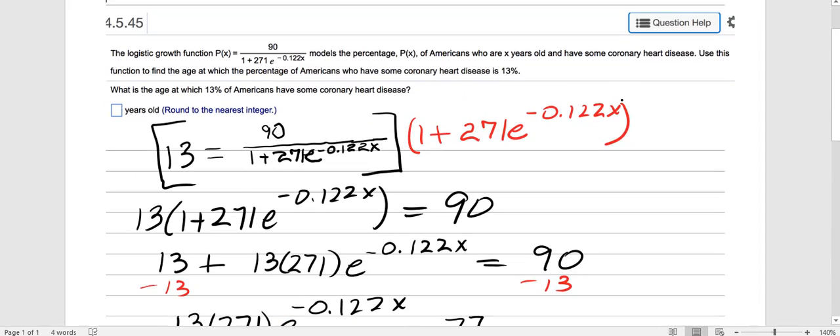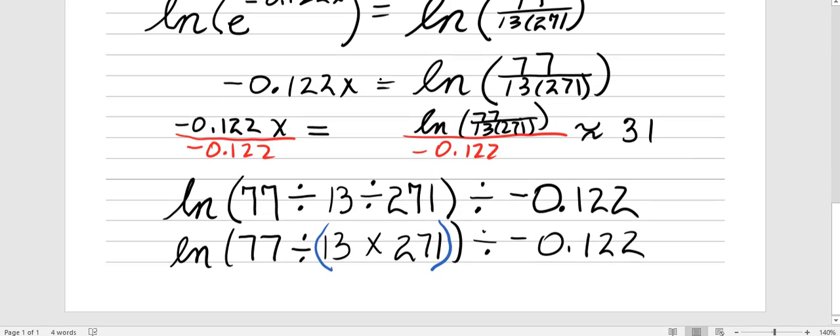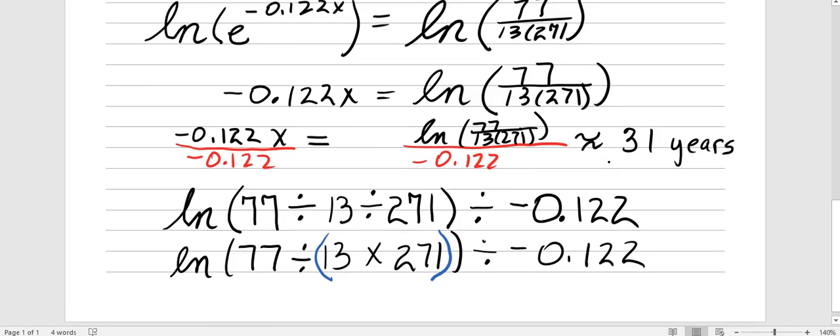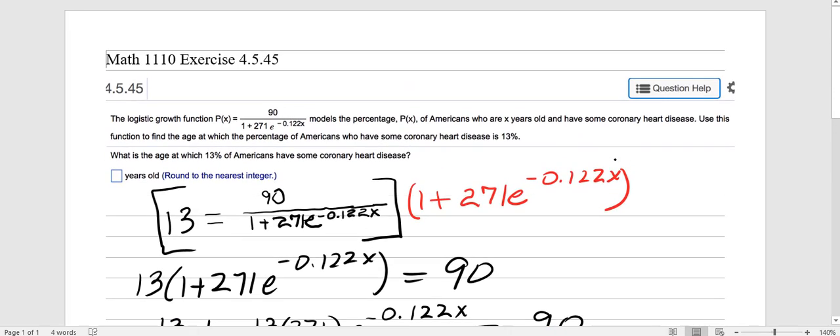And in my math lab, I'm putting in 31 years old. So I would be filling a 31 into this box. So that 31 is my age. So for 31-year-olds, 13% of these have coronary heart disease.